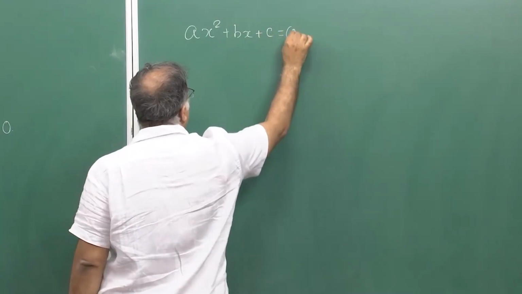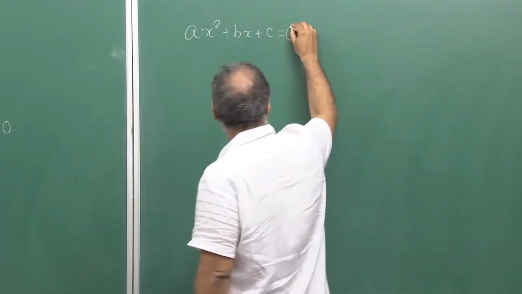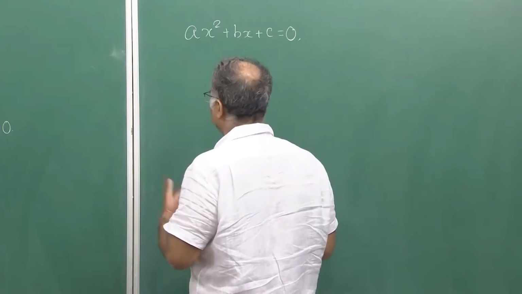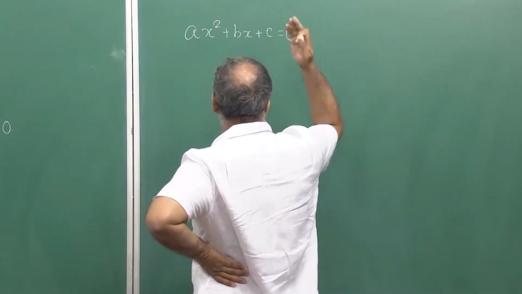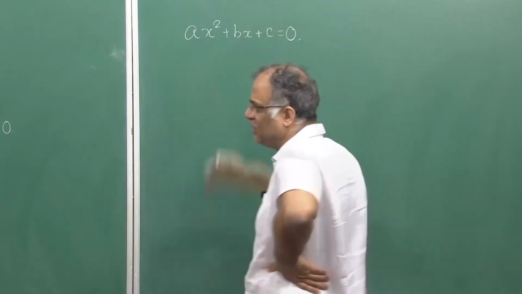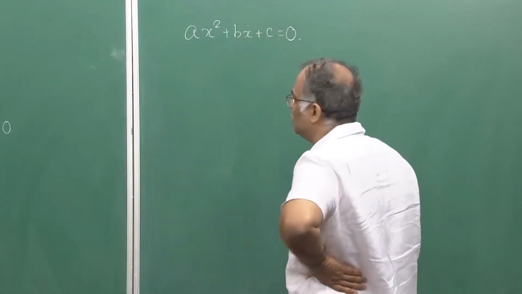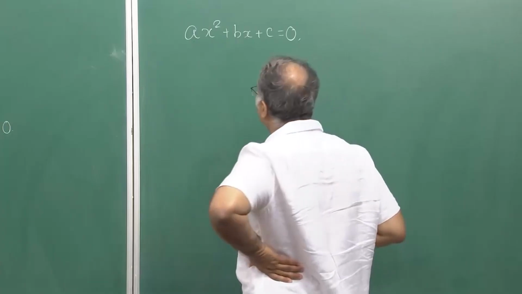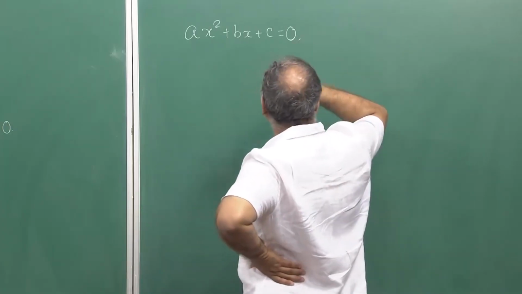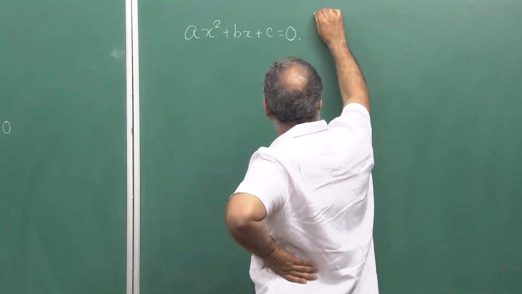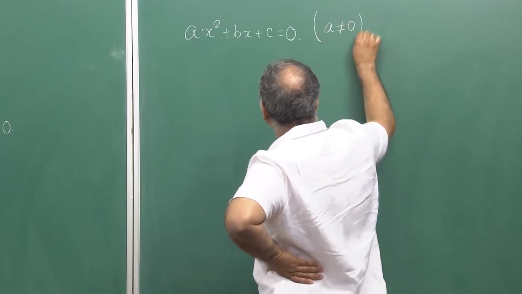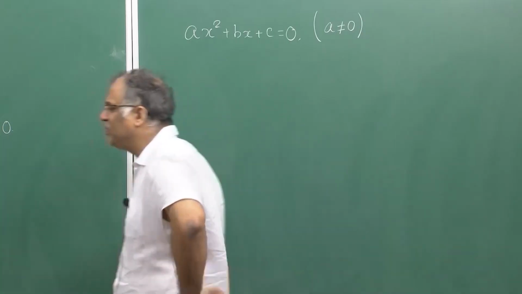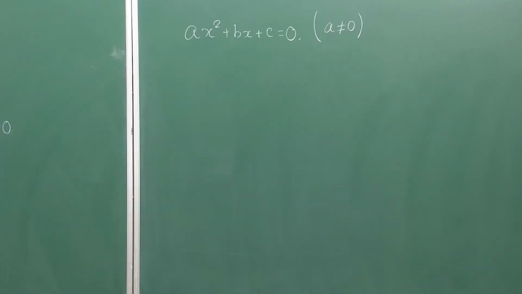You can use Brahmagupta's formula or the standard quadratic equation formulas, but there are several methods. One of them is by a famous Indian mathematician called Brahmagupta, who was a court mathematician in Ujjain. Here of course we should have a not equal to 0. So, this is a polynomial equation, an algebraic equation which you know how to solve.